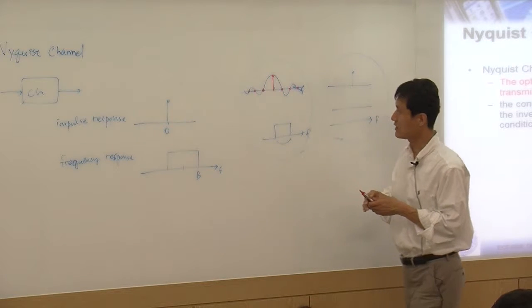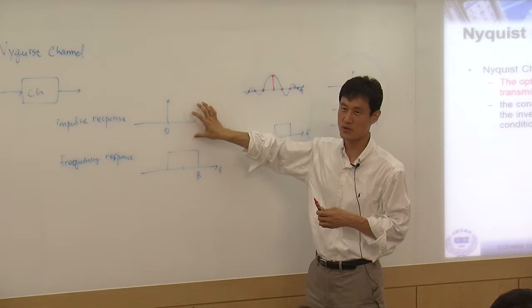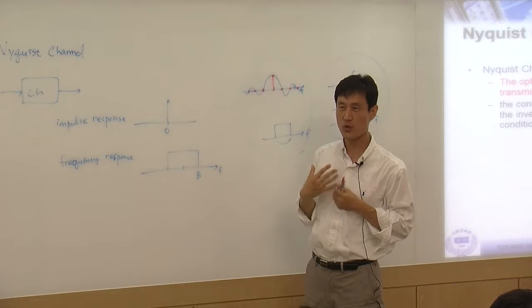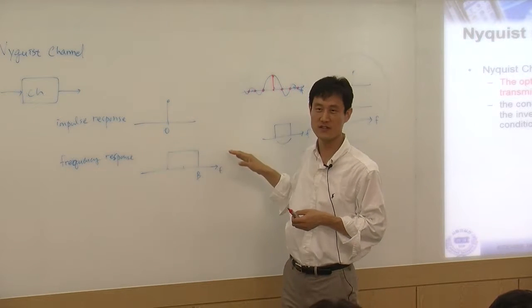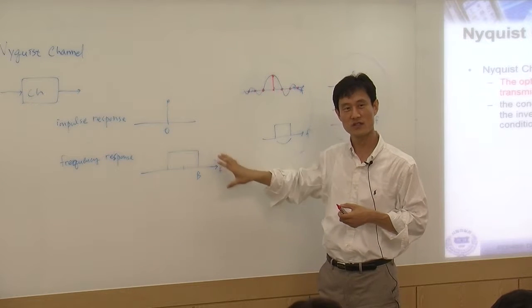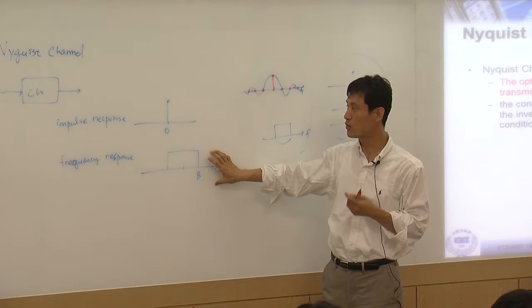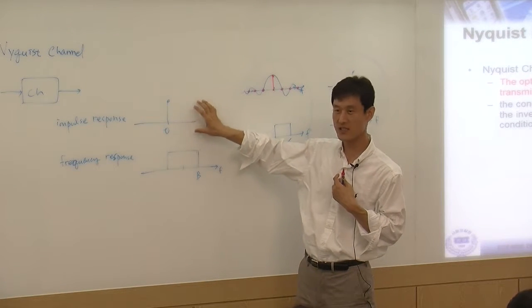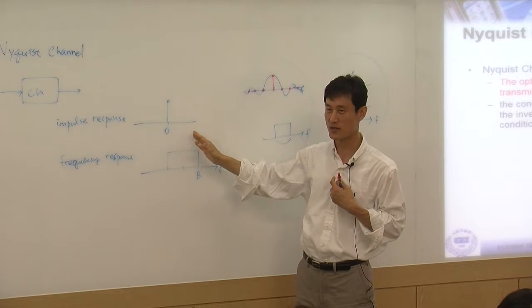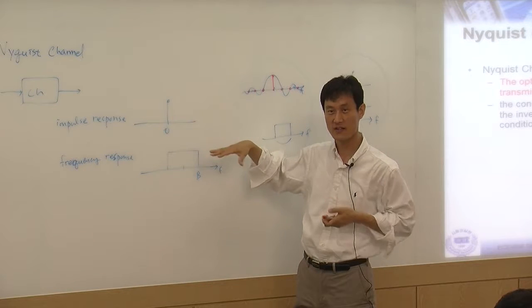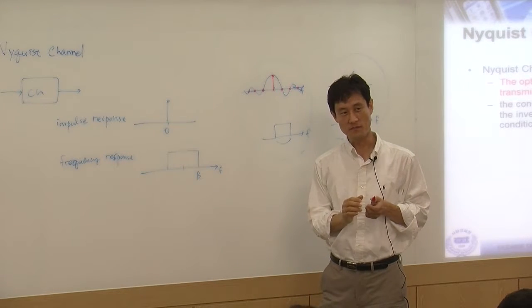What I'm trying to say is we want this impulse response, and we also want this frequency response. You cannot use all the frequency. You want to use this frequency response, and we want to make this impulse response, because this impulse response means no memory, no delay. Perfect. Now what's the problem?